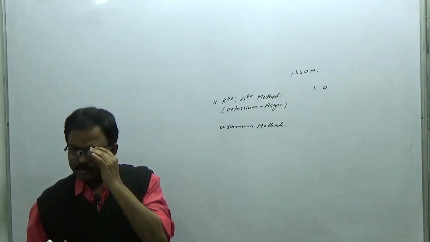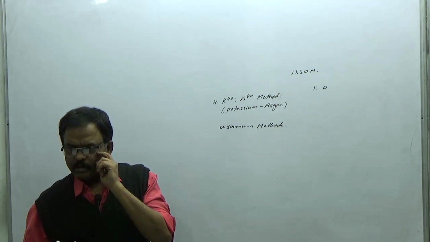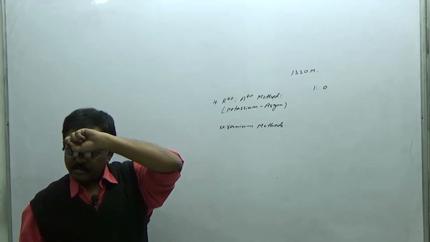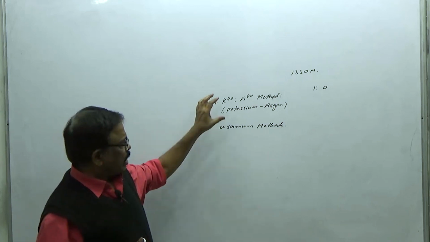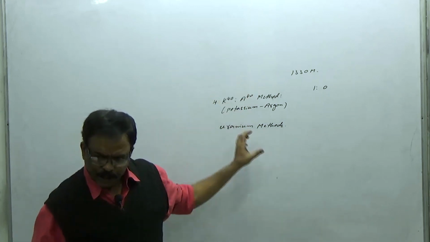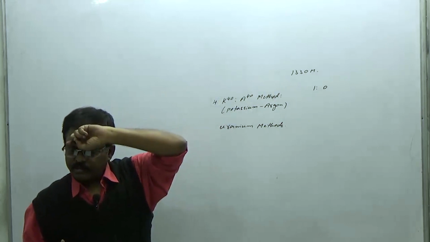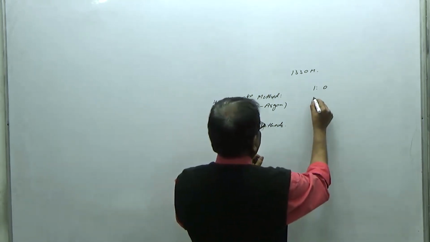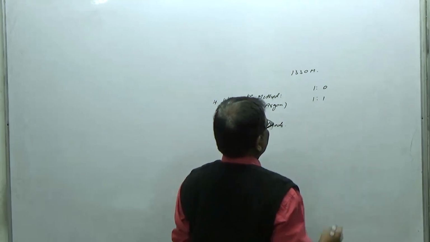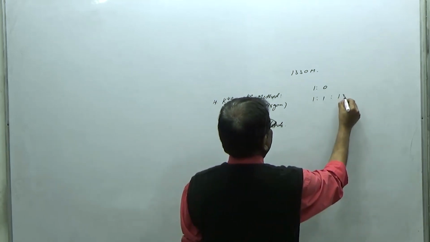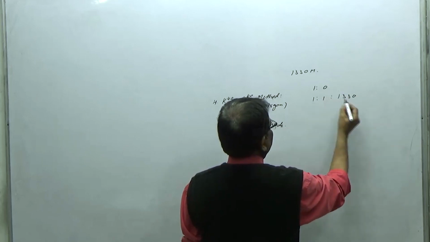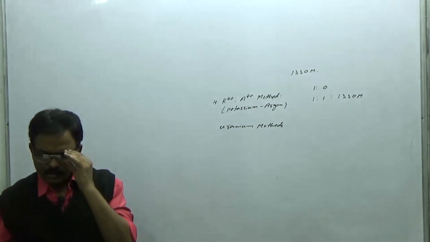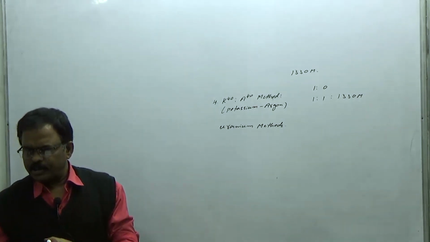Potassium argon ratio in the lava. Then after 1330 million years, if this is 100 grams, this is 50, that is 50. That means the potassium and argon ratio becomes 1:1 after 1330 million years.